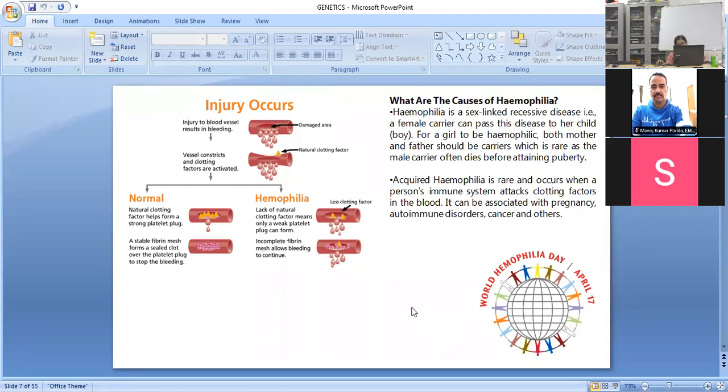But if it is sex-linked recessive, there are certain factors that are responsible during the cascade of clotting, and if one of these factors is either mutated or missing, or some genetic mutation is there, then also clotting will not take place. So this is how a normal clot takes place, and in a hemophilic person, due to absence of the clotting factors, the bleeding will continue, and this can be fatal.